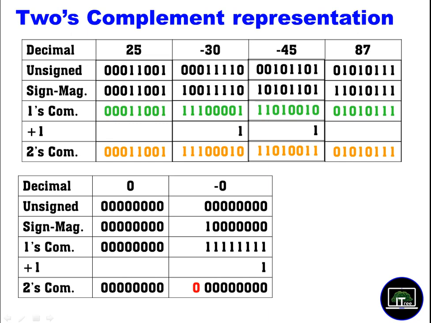This is called the carry bit. In 2's complement methods, we are ignoring this carry bit. When there's a carry bit, we ignore that. We are not considering the carry bit. If there is a carry bit, we forget about it. Normally we get 1. We are forgetting that 1 in the 2's complement method.